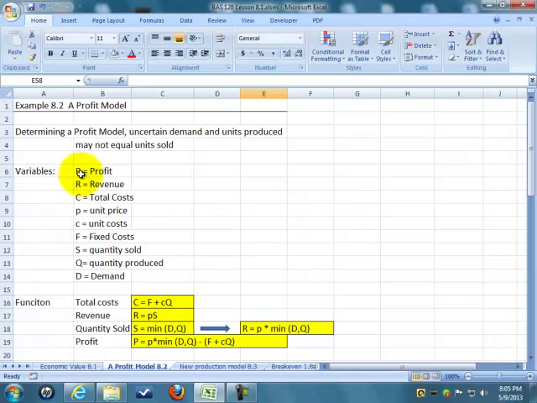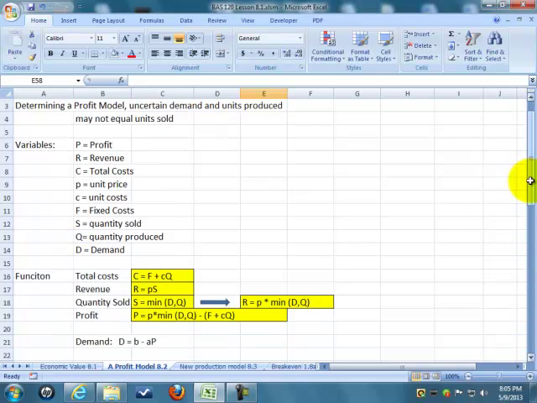So our variables are P for profit, R for revenue, total cost, unit price, unit cost, our fixed costs. S stands for our quantity sold, Q for our quantity produced, and D is going to be our demand. And remember back to BAS 120, we talked about deriving a demand function and all that.